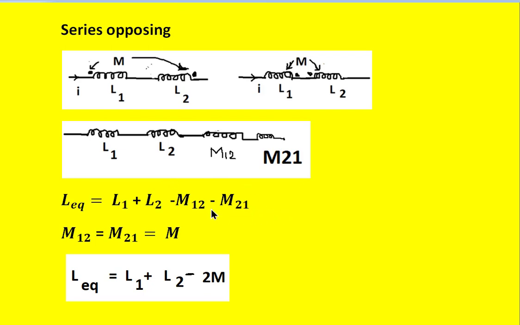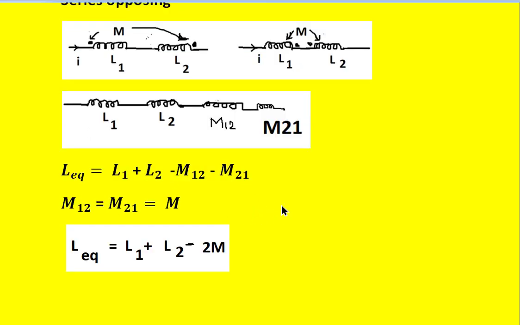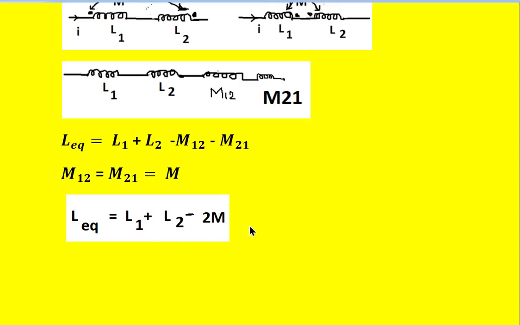Because the self-inductance has the positive sign, automatically the mutual inductance gets the negative sign. Similarly, M21 will also get the opposite sign to that of L2, that is minus. Since M12 and M21 are one and the same, let us say equal to M, substituting M here, L equivalent for this dot rule circuit is nothing but L1 plus L2 minus 2M.